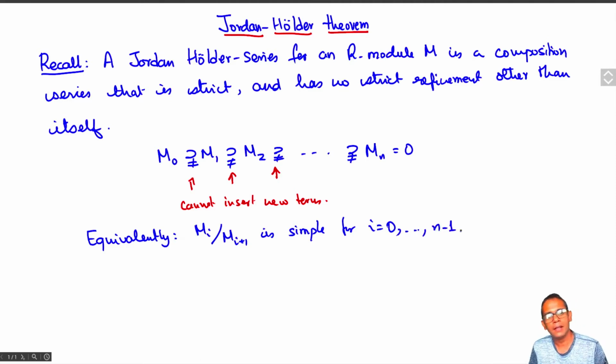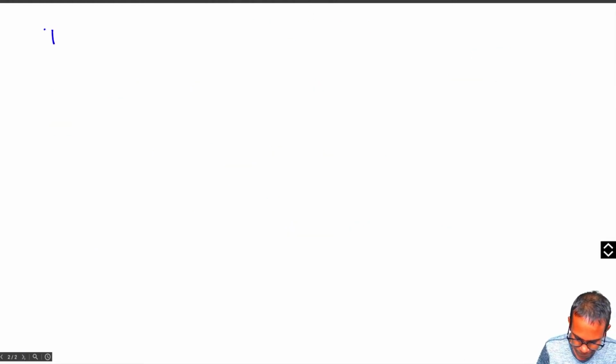Now we've seen some conditions, namely the ascending chain condition and the descending chain condition, which ensure the existence of a Jordan-Holder series. But let's not worry about that right now. I'll state the Jordan-Holder theorem in a more general form, and it turns out to be a direct consequence of Schreier's theorem. So let's state the theorem.